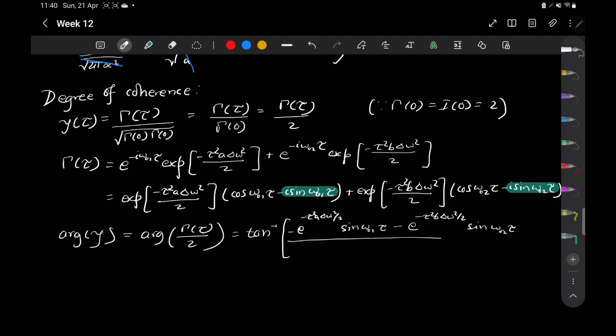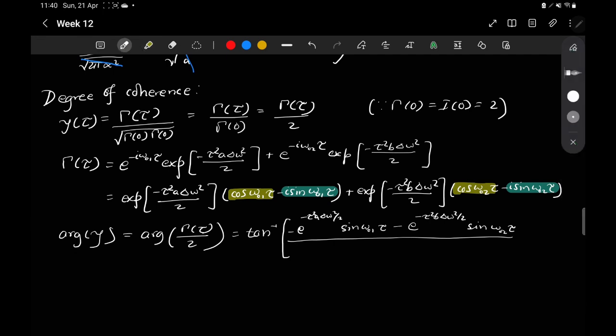And over the real part is this, along with the exponential coefficient. So that's the argument.